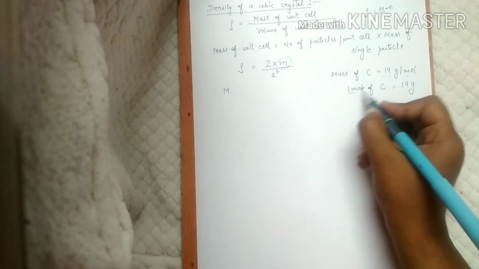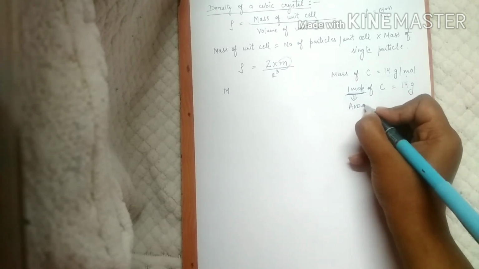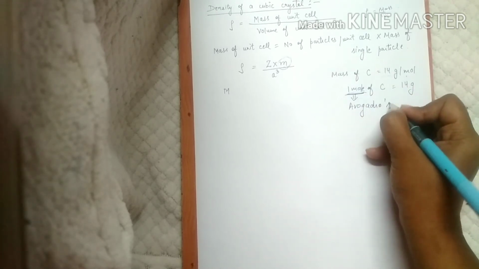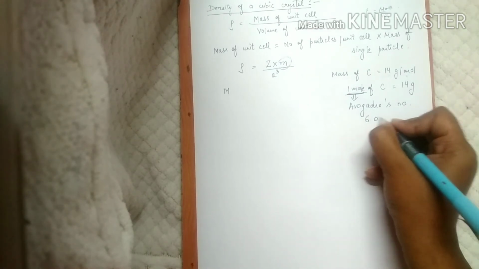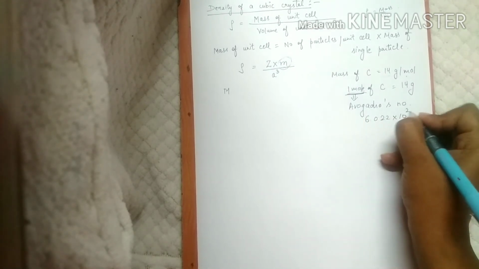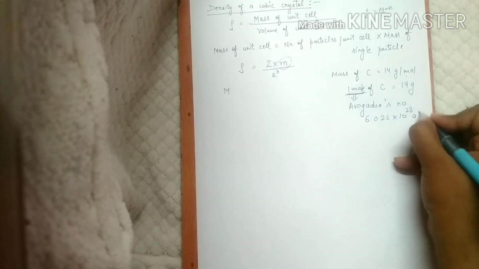So 1 mole means Avogadro number. 1 mole always means Avogadro number. Avogadro number is 6.022 into 10 raised to power 23 atoms or molecules or ions, in this case atoms.